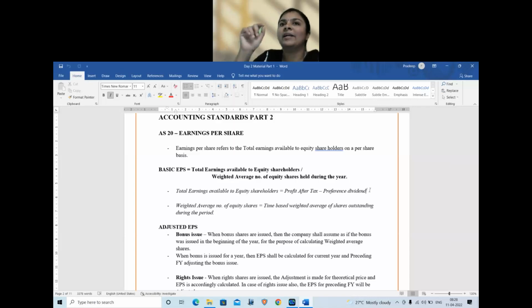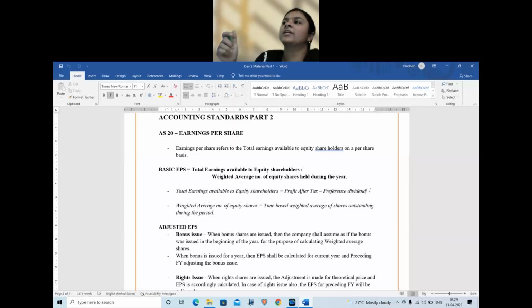So 1 lakh shares will be for the first 6 months, and for the remaining 6 months it becomes 1,50,000 shares. So when we take the average, we will be taking 1 lakh into 6 by 12 plus 1,50,000 into 6 by 12.